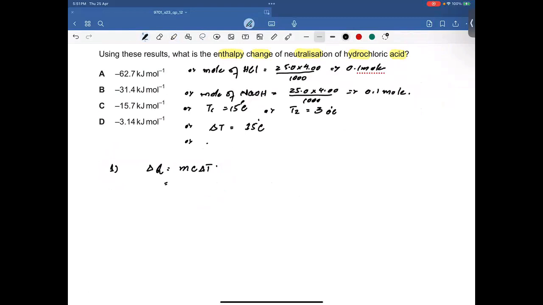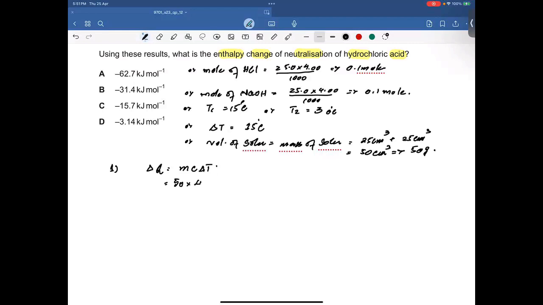How much mass? The volume of solution equals mass of solution, because 1 cm cube is always equal to 1 gram. So in total, we have 25 cm cube plus 25 cm cube. So it's going to be 50 cm cube. And since 1 cm cube equals 1 gram, it's going to be 50 gram. So mass is 50 gram.